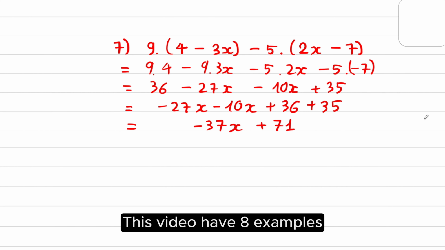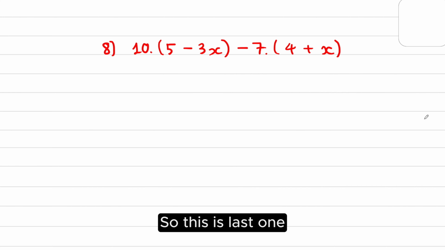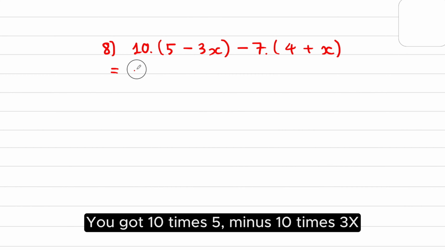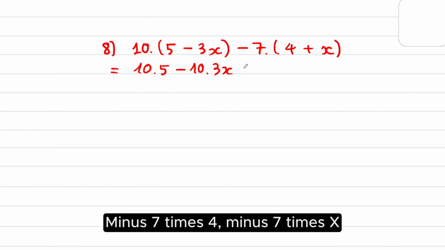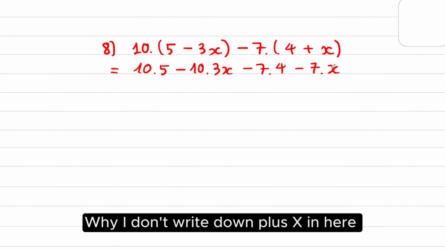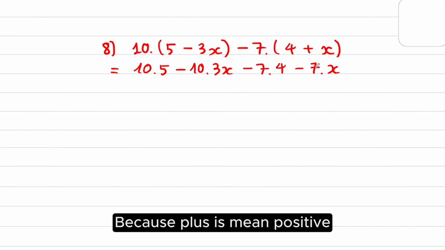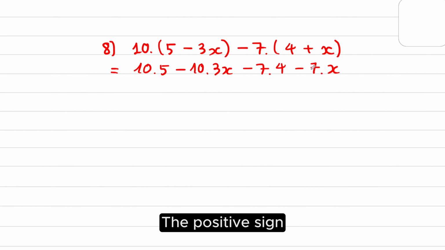Yeah, I told you this video has 8 examples, so this is the last one. Okay, expanding, you got 10 times 5 minus 10 times 3x minus 7 times 4 minus 7 times x. Why don't I write down plus 8 in here? Because plus means positive, so I don't need to rewrite the positive sign.